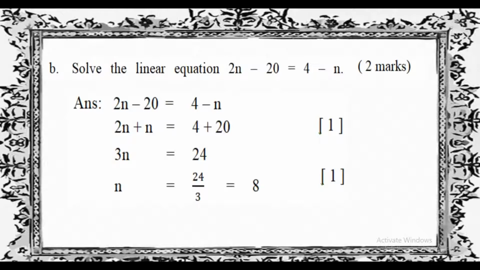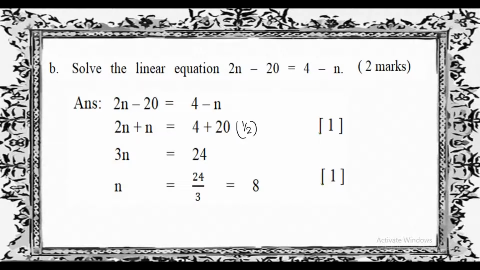Combining the variables, 2n, and on the right side you can see minus n. That minus n, when moved to the left side, becomes plus n. Then we wrote 4 there itself. Then minus 20 will come to the opposite side, the right side, as plus 20. This step carries half mark.